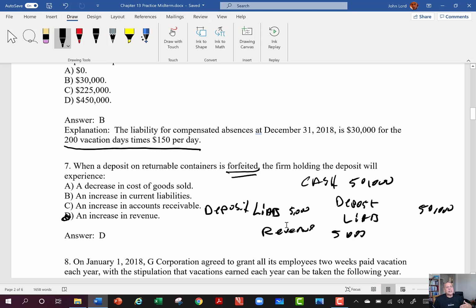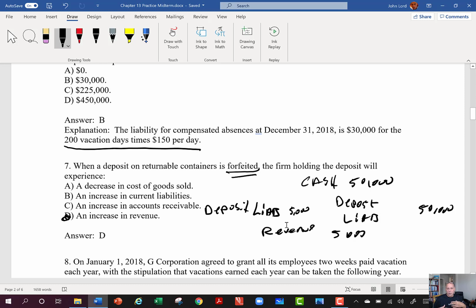Let's say it says that we will prorate what we return to you. Well, that would mean over 5 years that we earn $1,000 per year. If it was a 5-year deal and they gave me a 5,000 deposit, I earn 1,000 a year. So each year, at the end of the year, I would debit the deposit liability and credit the revenue.